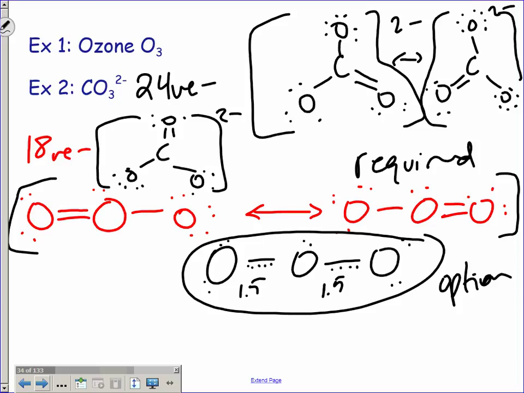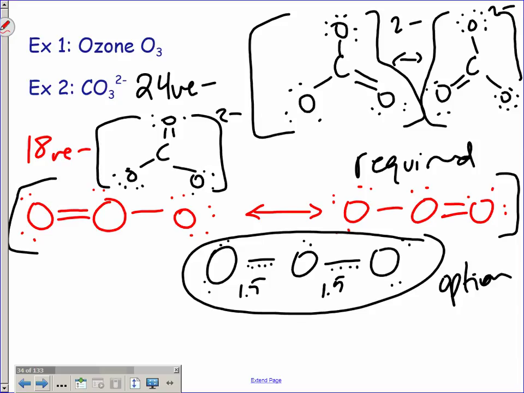So at the same time, carbonate can show a superimposed position. What would you do with this whole trying to figure out the length of the bond and the strength of the bond? If you take this double bond and split it into the 3 locations it coexists across, what would be the bond order you would assign to each of these positions? 1.33.